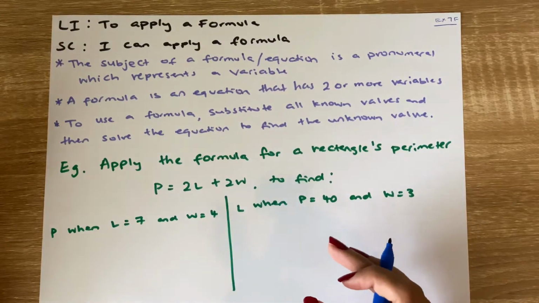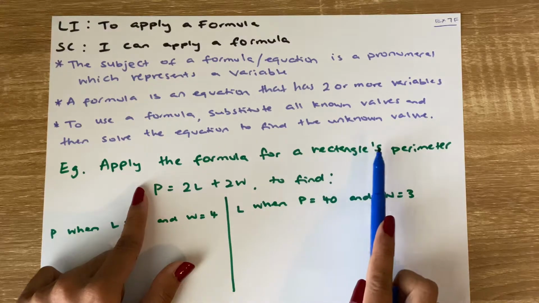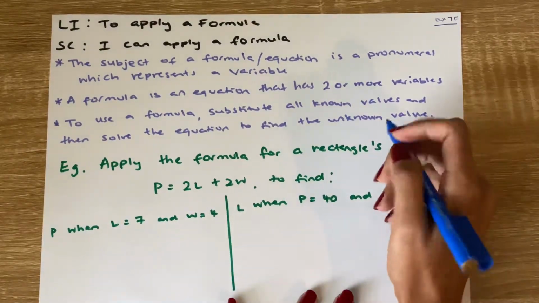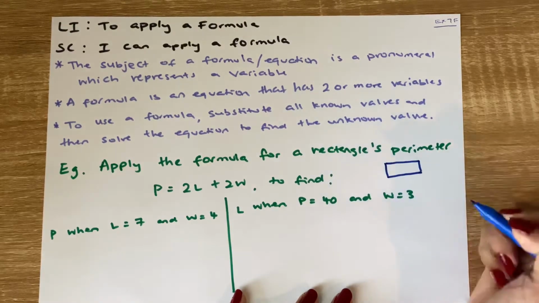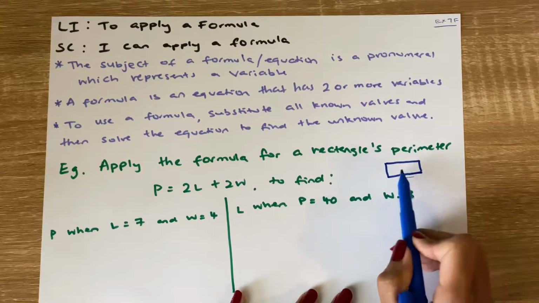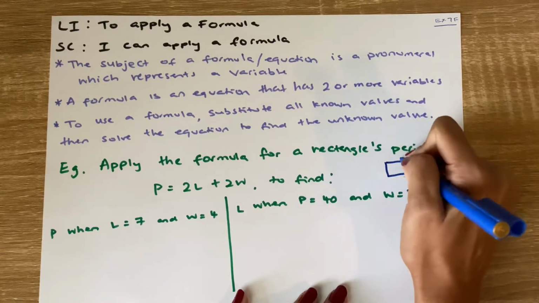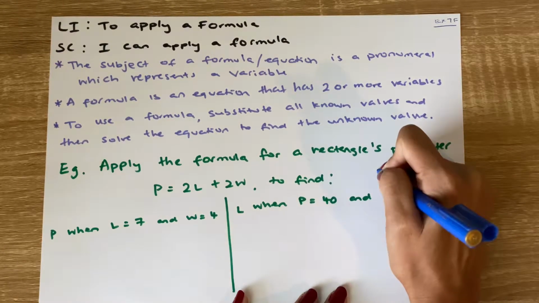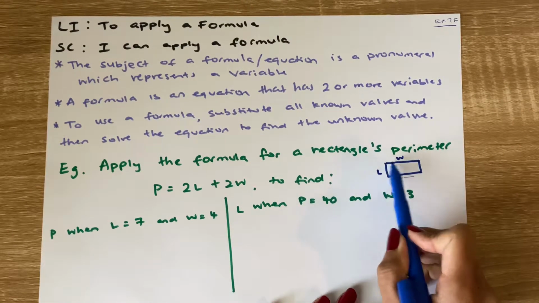The mathematics behind it, once we've got our equation written down, is based on what we've learned previously. So we want to apply the formula for a rectangle's perimeter. Now we know that a rectangle has four sides. These two are the same and these two are the same. If we call this W and this part L, the perimeter, remember, is the distance around the shape.